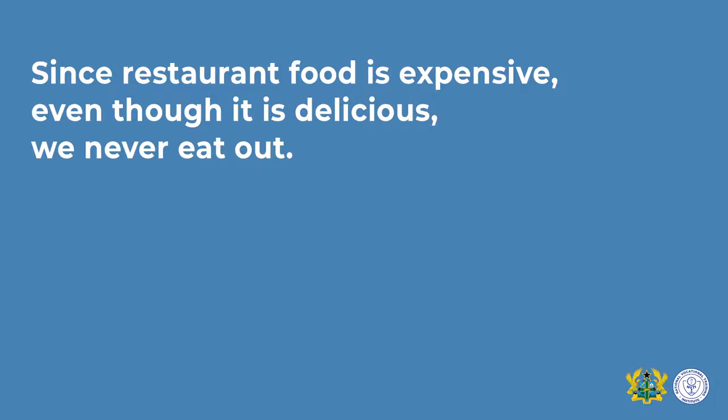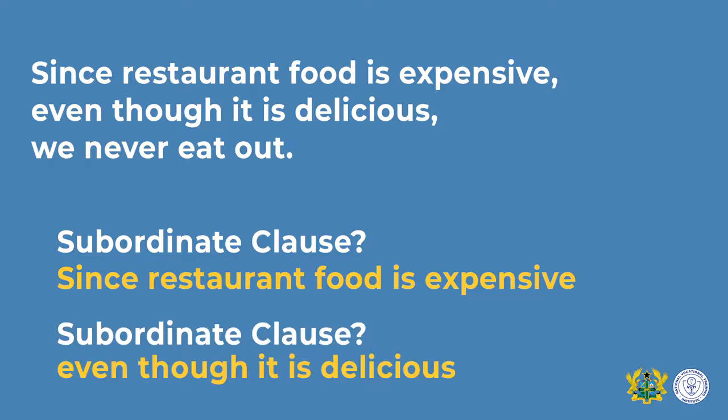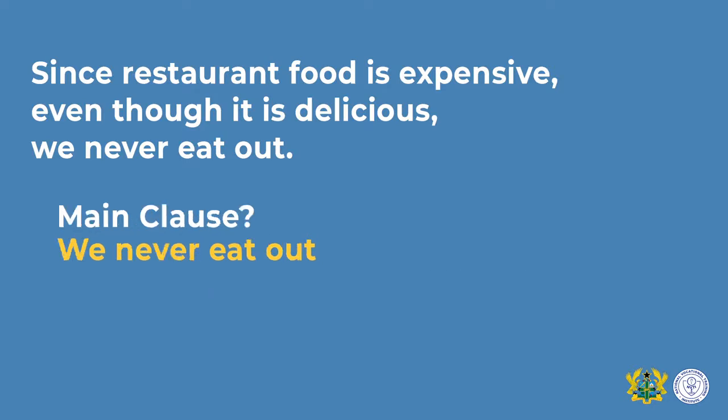The first one, since restaurant food is expensive, is a subordinate clause. The second one, even though it is delicious, is also a subordinate clause. But now we have introduced a main clause to it, which is, we never eat out.